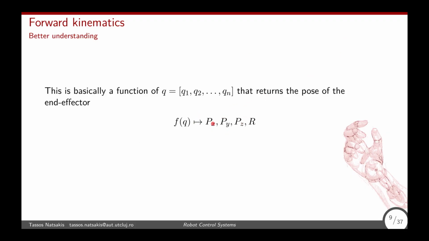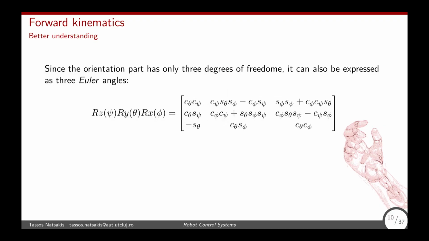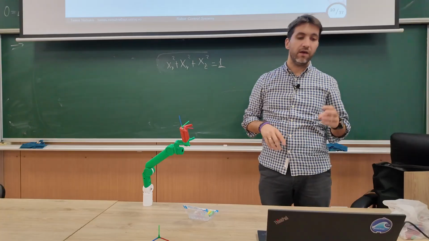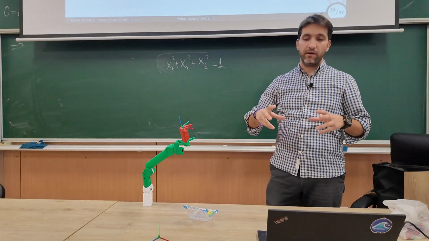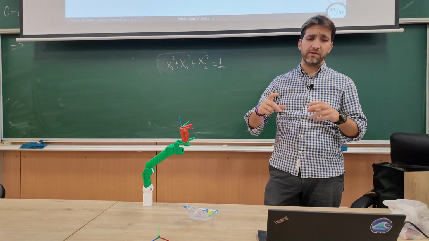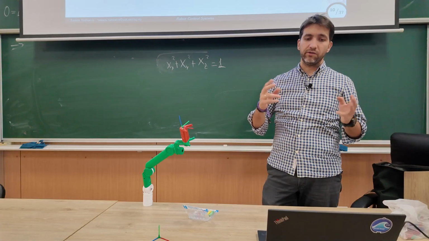It gives me pose as position and orientation. Orientation can be this 3x3 matrix, but since we have 3 variables that are independent, we can write it as what we typically call the Euler angles, right? Which represents the orientation matrix using 3 rotations.